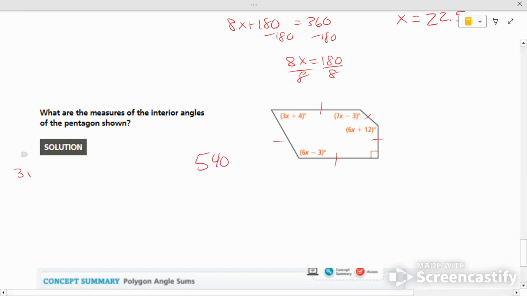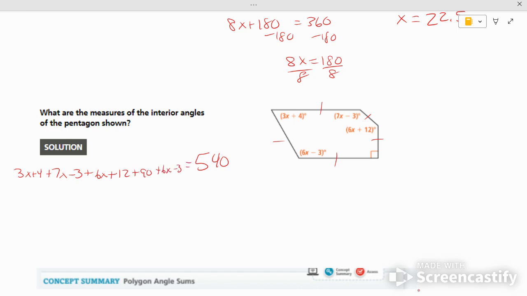So 3x plus 4, plus 7x minus 3, plus 6x plus 12, plus 90, plus 6x minus 3 equals 540. 3x and 7x make 10x. 10x and 6x make 16x. 16x plus 6x makes 22x. 4 minus 3 is 1. 1 plus 12 is 13. 13 plus 90 is 103. Minus 3 is 100.